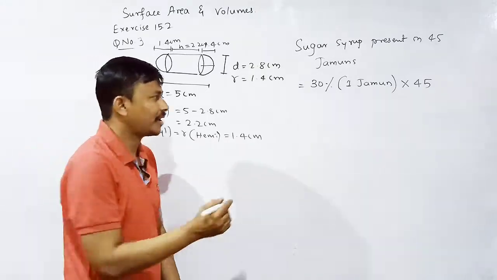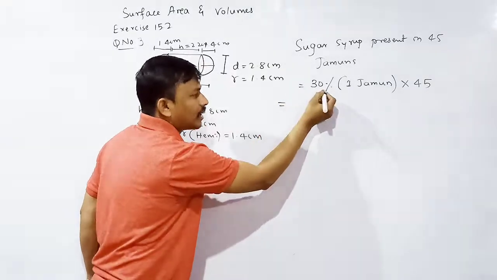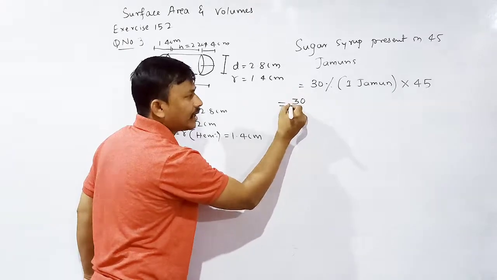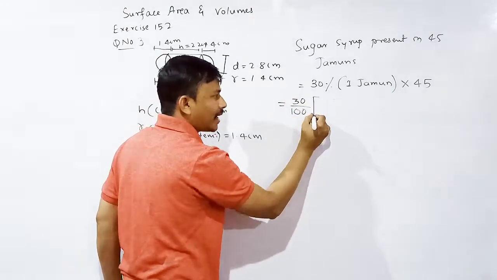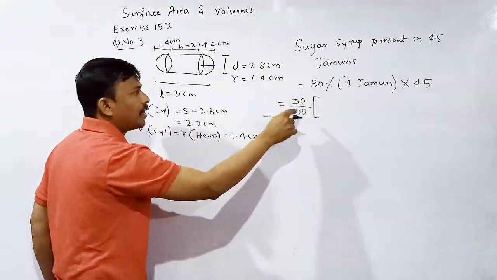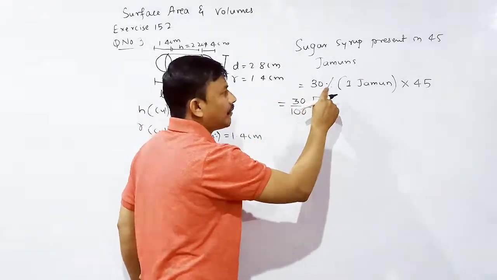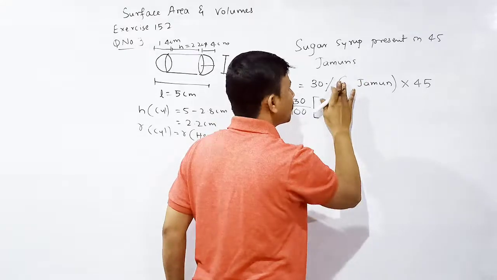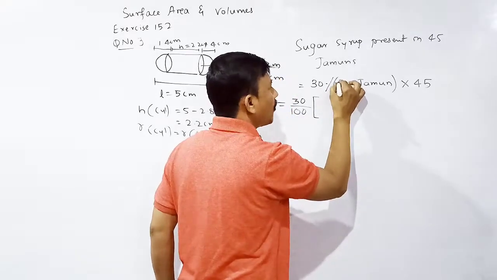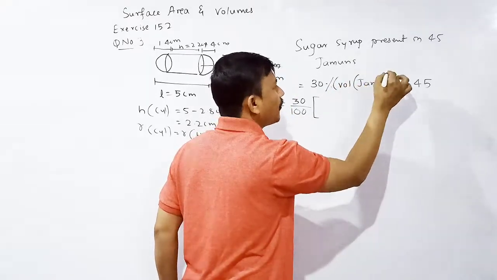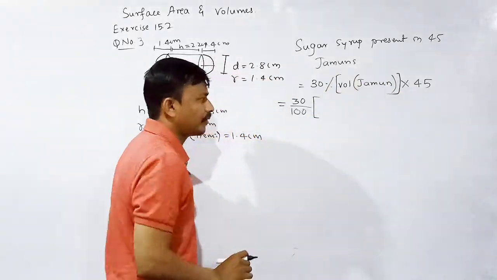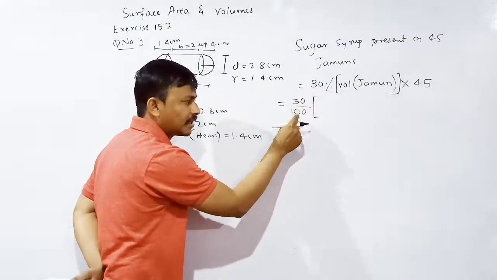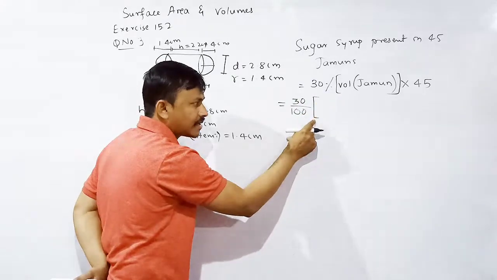Correct? Okay. This is equal to, 30% is nothing but what? 30 divided by 100, in bracket 1 jamun. 30% of the volume of 1 jamun into 45. Correct? 30 divided by 100, bracket as it is.